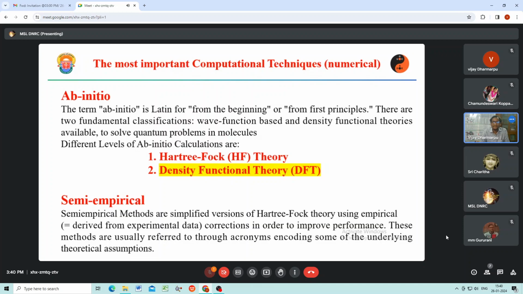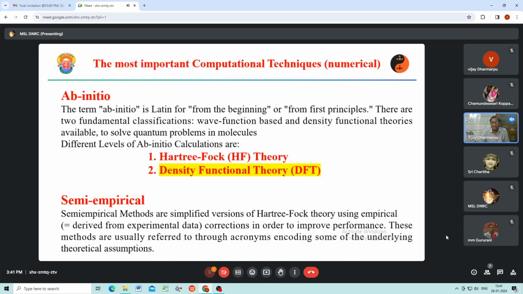For this, I just introduce some ab initio methods. Among the ab initio methods, the Hartree-Fock method is an old method. Presently everyone uses DFT functionals. It depends upon density functional theory. It is time dependent and time independent for the Schrodinger wave application. So the Schrodinger wave equation plays an important role.